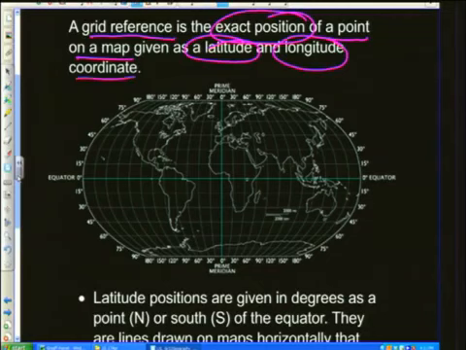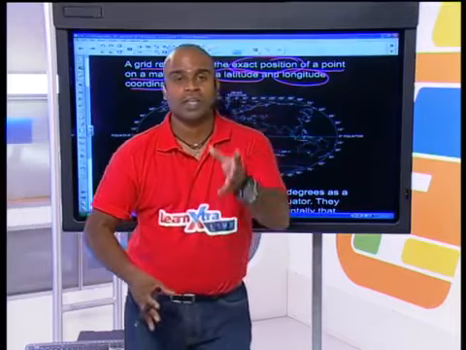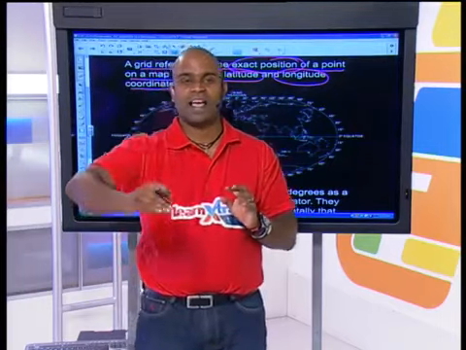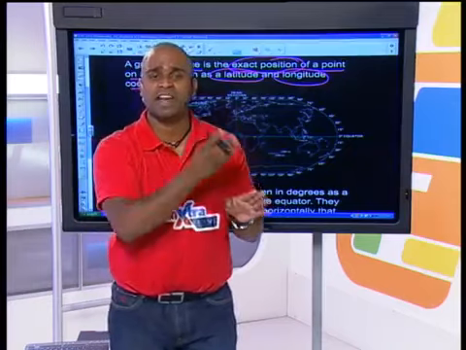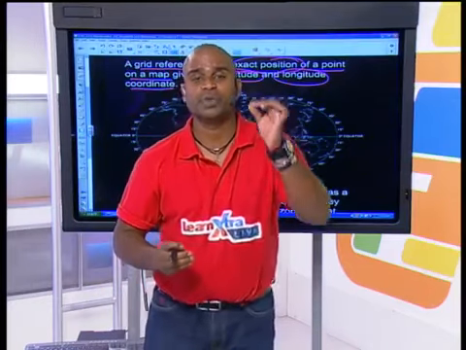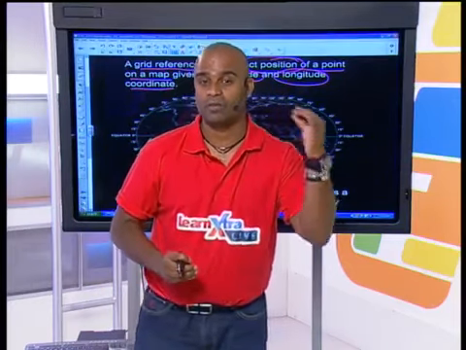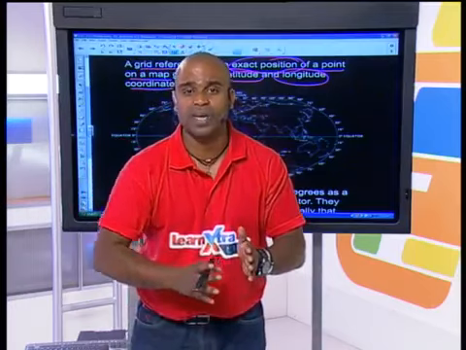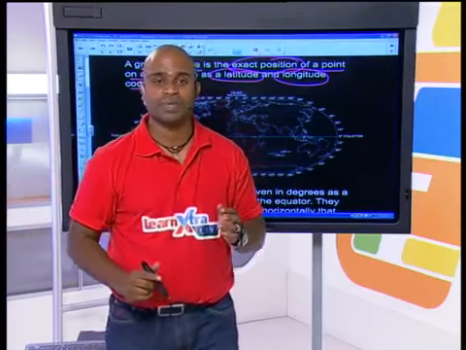Now note, we've spoken about the 0 degrees as well as the 90 degrees, and between these there are many lines of latitude and longitude, each with its specific degree of either longitude or latitude. We further discussed that South Africa is always south of the equator and east of the Greenwich meridian.